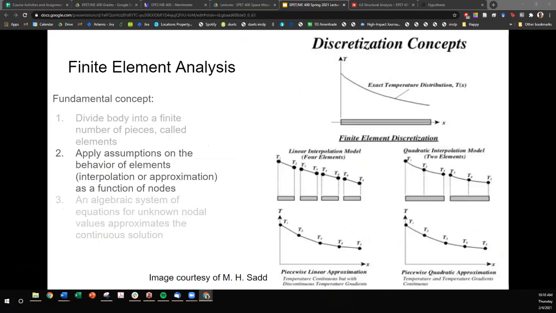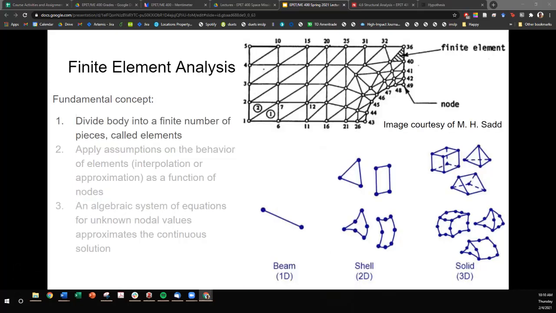Next, you apply assumptions on the behavior of the elements. This behavior can be an interpolation or an approximation of first principles, and the assumptions are a function of the nodes. So earlier you saw the elements; every element has a node at a vertex.